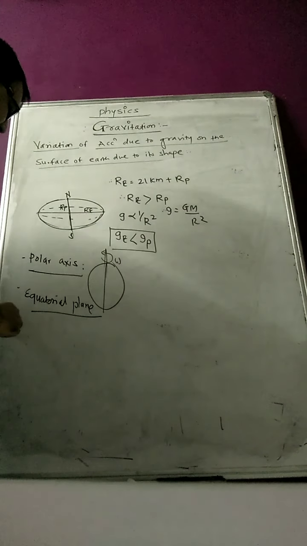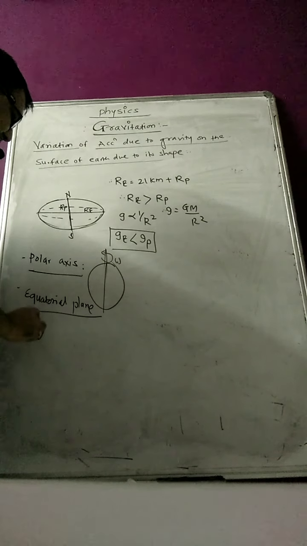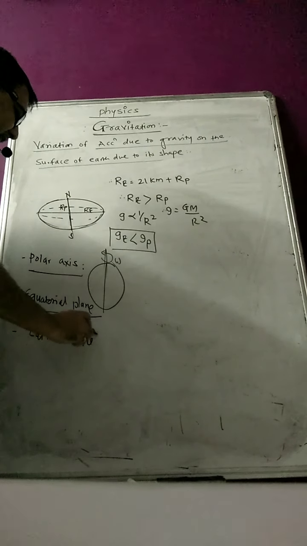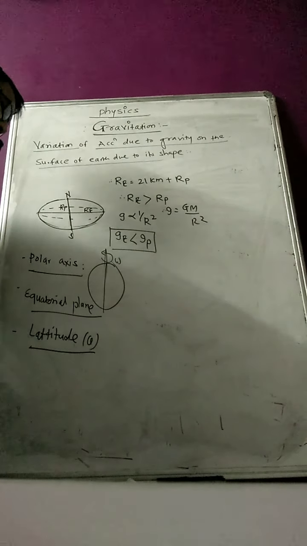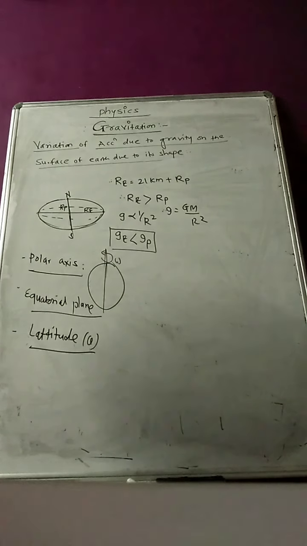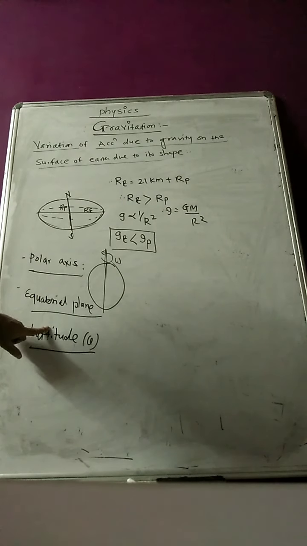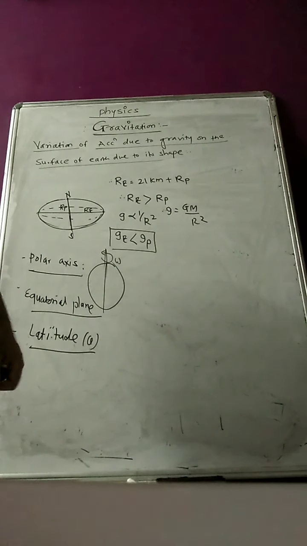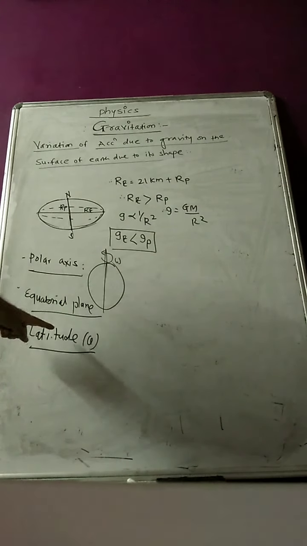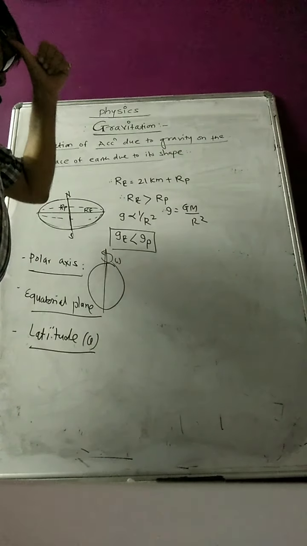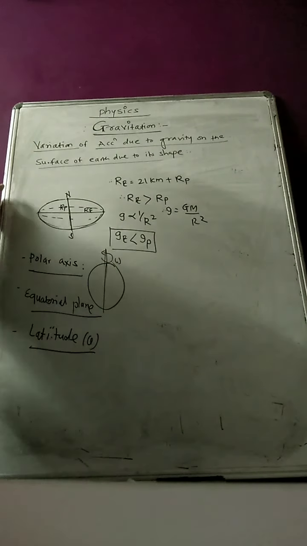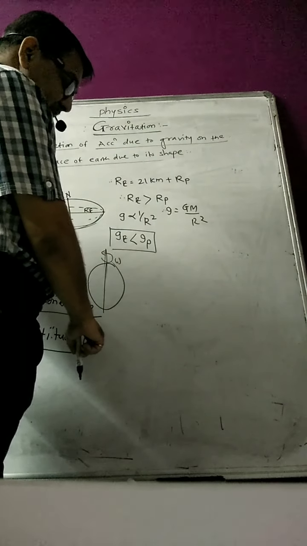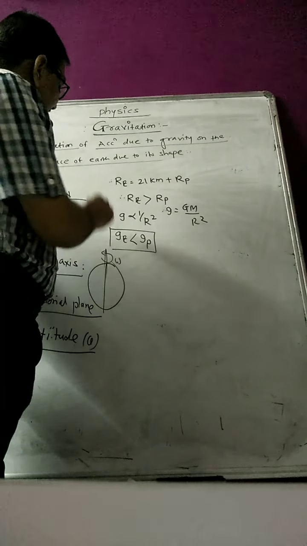Once we have the equatorial plane, sir, what is latitude? Latitude can be denoted by theta also. Latitude is an angle defined at any point.